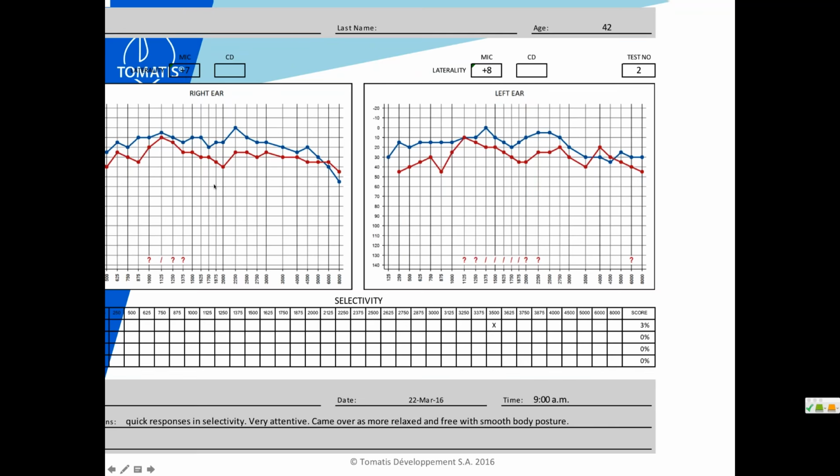That's why it's also very important, when there's a hearing loss and when it's possible in function of the difficulties, to do active work. Active work is very important when there's hearing loss to stimulate the linguistic area.